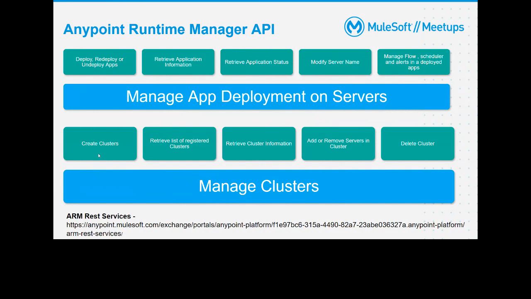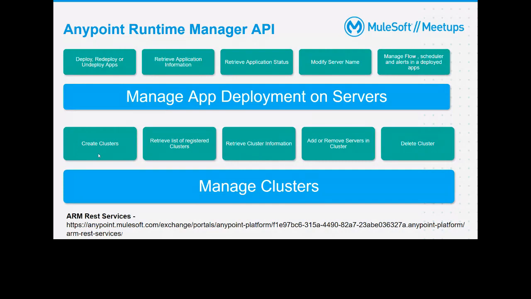ARM API, CloudHub API, all these operations can be performed by them. It can also create a cluster, add or remove clusters, delete the cluster, and restart the cluster. All these kinds of operations can be performed by Anypoint CLI.